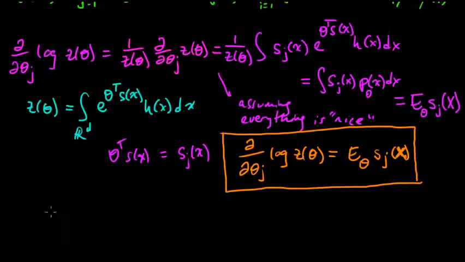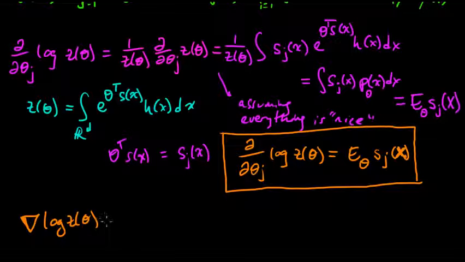And in fact, we could write it more generally. The gradient of log z, well, if I lined all these partial derivatives up in a vector, then that would be the gradient. The gradient is just the vector of partial derivatives. And the gradient, therefore, equals the expected value, and now it's the vector of these sj's.